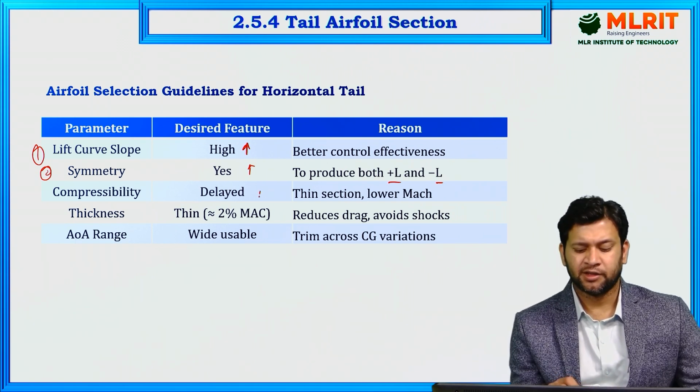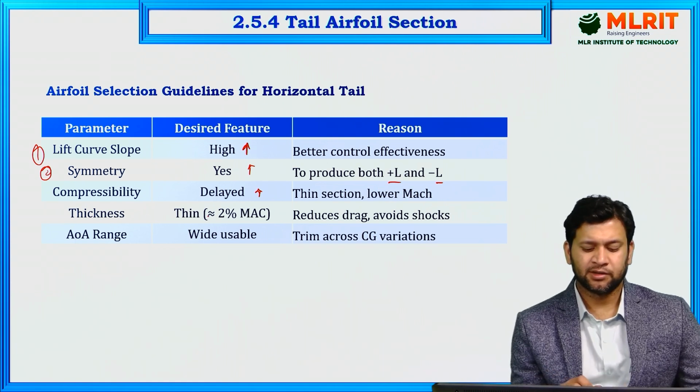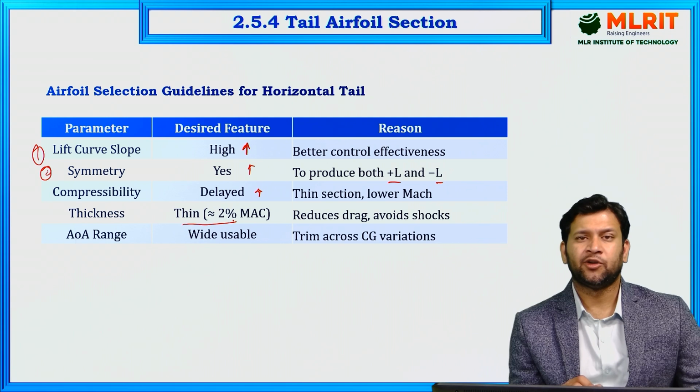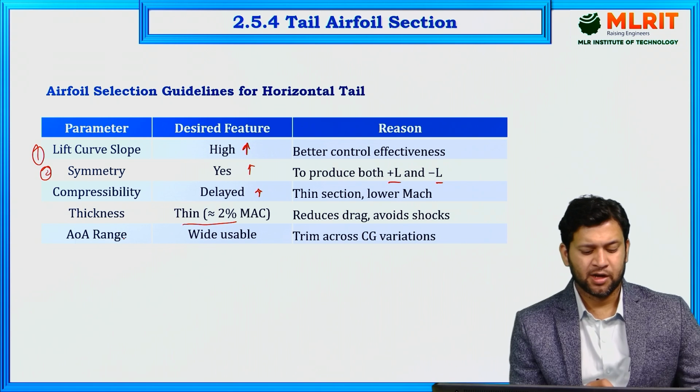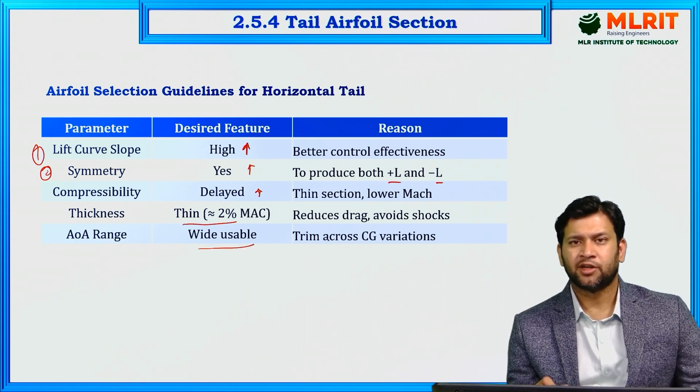Compressibility is delayed, ensuring a thin section and lower Mach number. Thickness: thin, approximately 2% of mean aerodynamic chord, which reduces drag and avoids shocks. Angle of attack range is wide usable, which allows trim across CG variations.